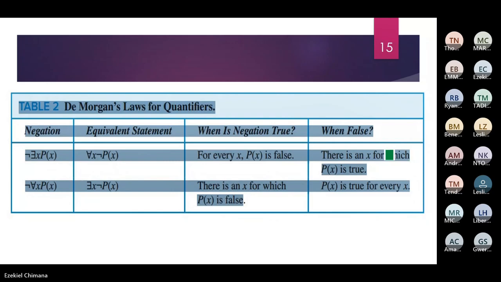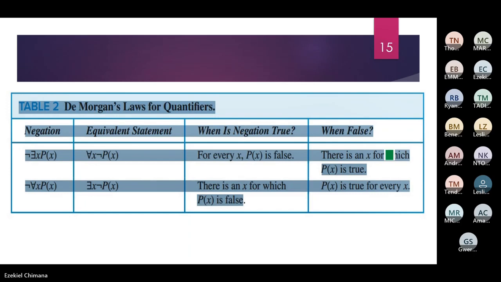The equivalent statement is also written as for all x, negation of P of x. When the negation is true, for every x, P of x is false. When it's false, there is an x for which P of x is true.